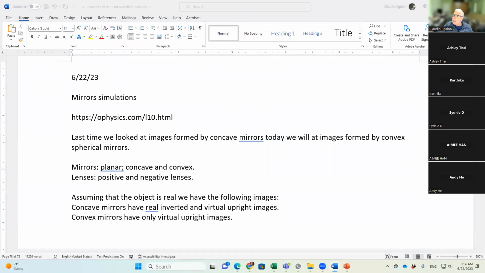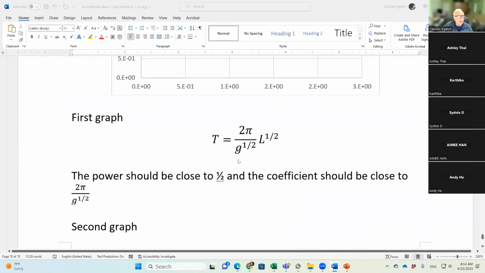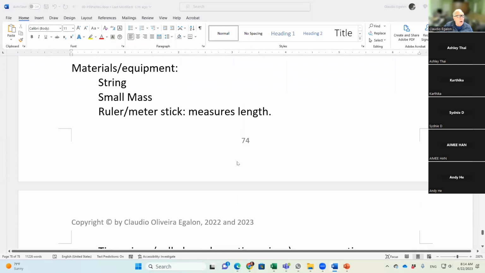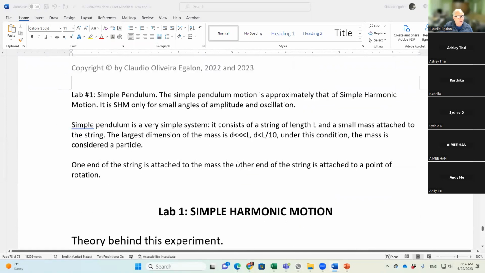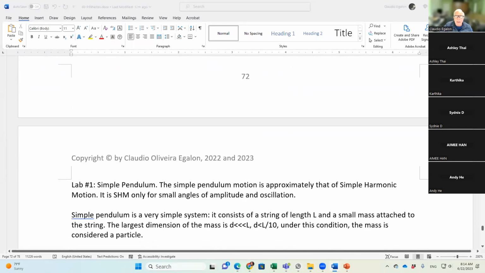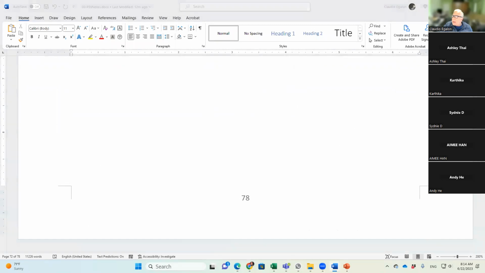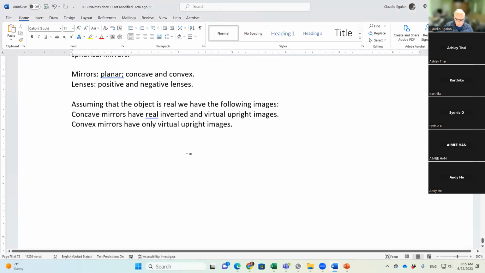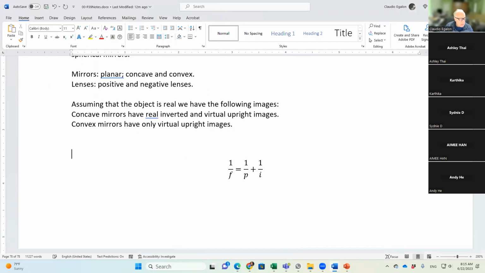And we can come up with a simple example. Let's get the formula. Here you go, this is the formula here. This mirror also obeys this equation.